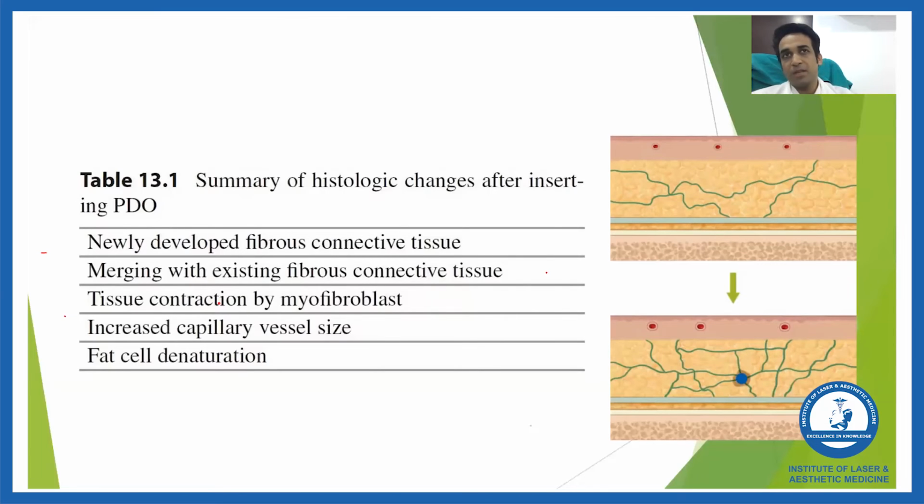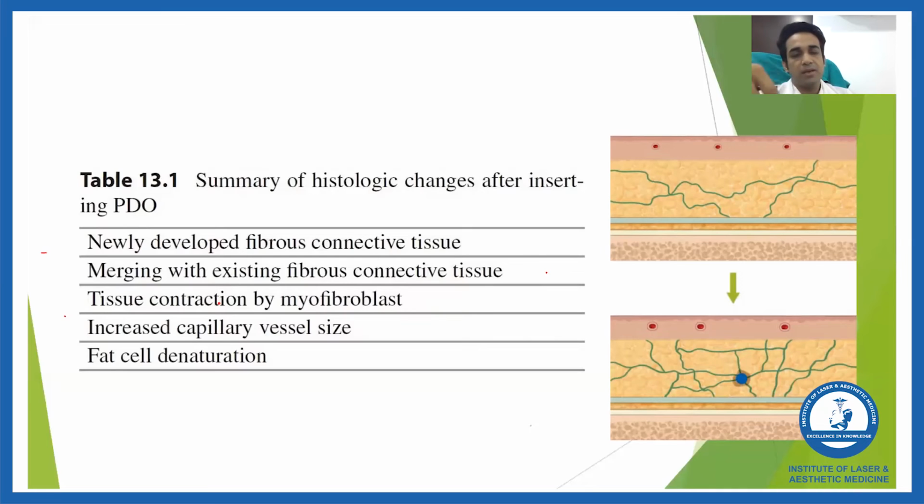So what happens when you get a wound on your knee? When 2 to 3 days pass, you tend to have that contracture pain. Exactly what it does here, the PDO thread tries to contract the skin, further causing the secondary benefits of facelifting. Third, they will cause an increase in the capillary vessel size. Why? Because it is again an external thing which you are introducing to the body.